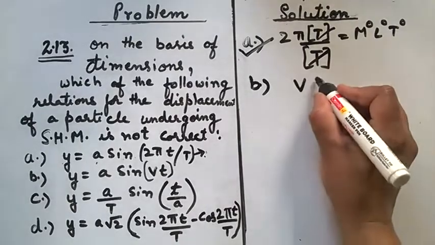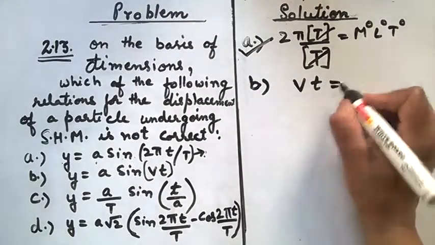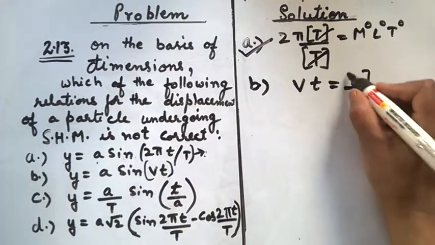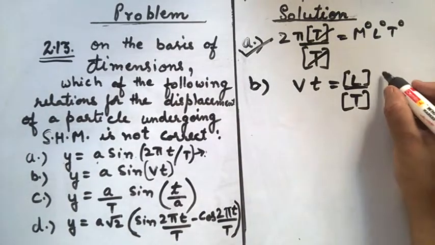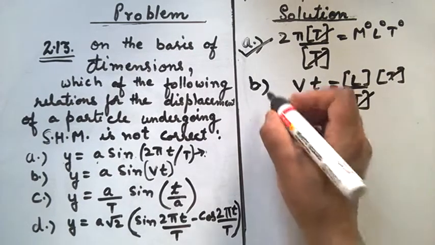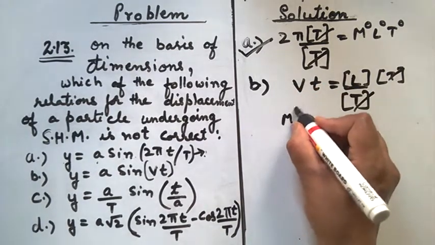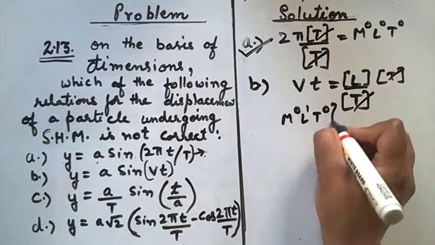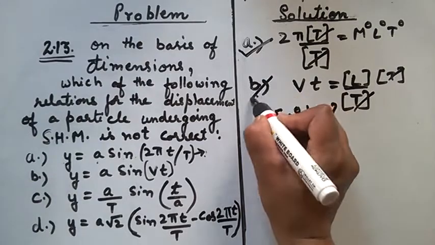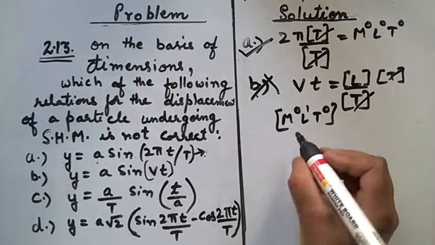V is velocity and t is time. Dimension of velocity is L by T and time is T. Here L remains. So M0 L1 T0. This equation is not following the SHM equation, so it is not correct.